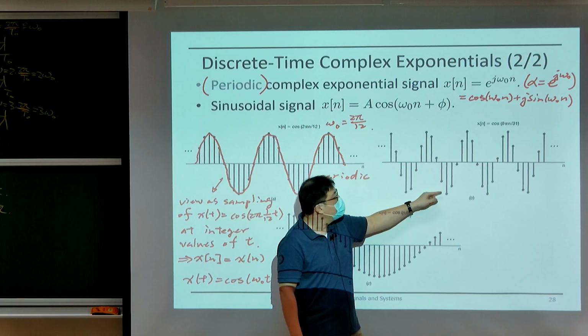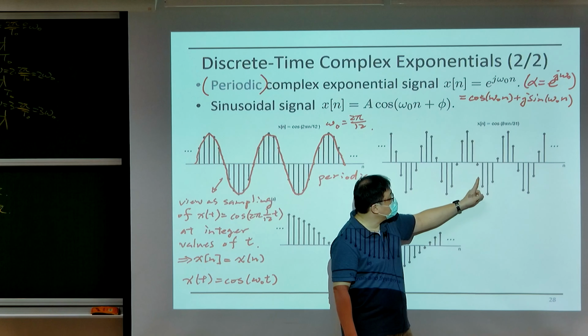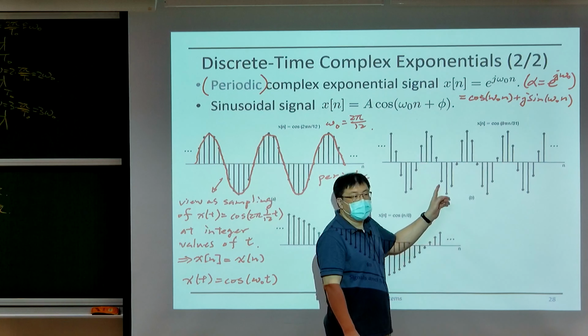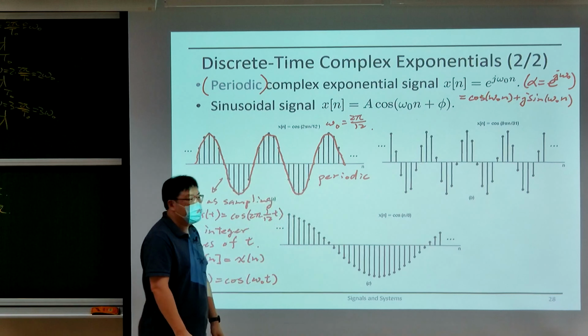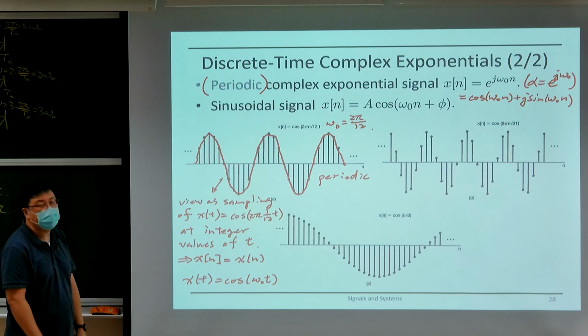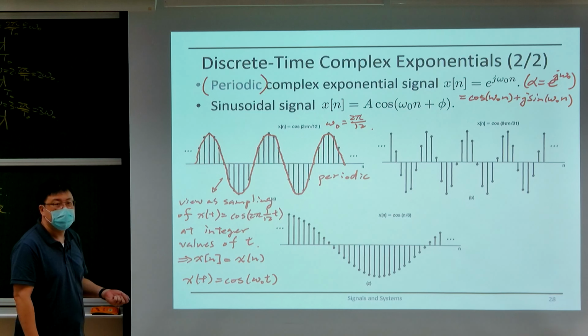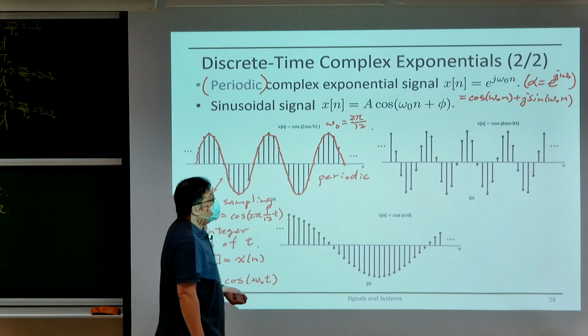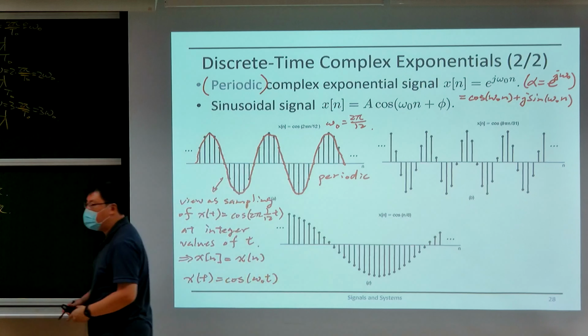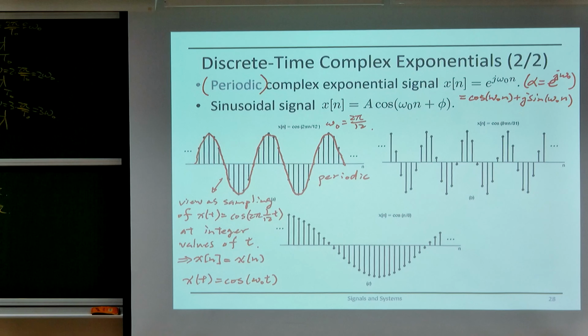If I go to the next cycle, I'm again sampling at a different value. So it's not immediately clear whether this signal is periodic or not. And the reason is because the frequency we're looking at here is 8 pi over 31. So here, omega naught is 8 pi over 31.